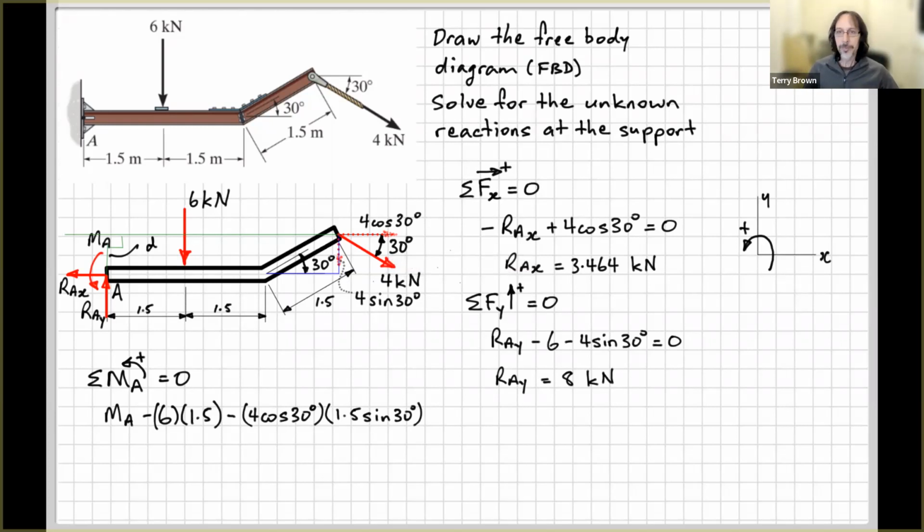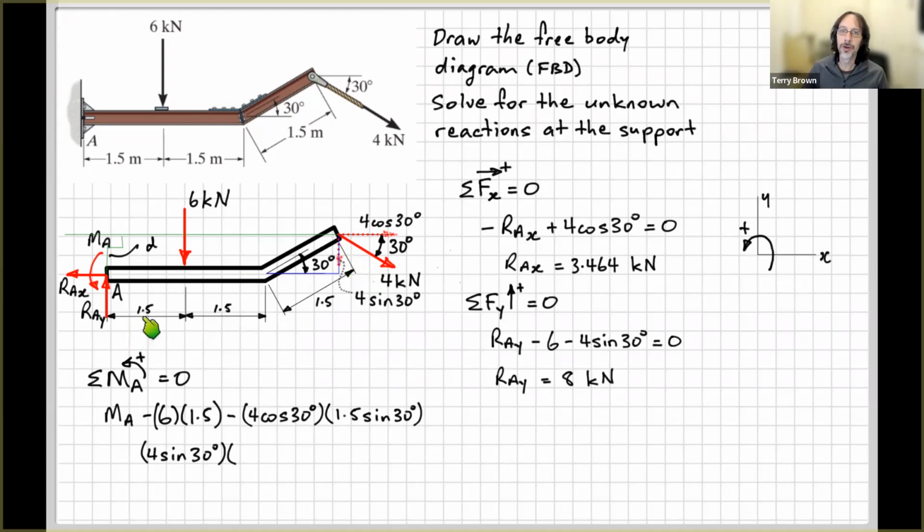All right. Is that it? No, not quite. We've got this vertical component here to deal with as well. Okay, so that also acts at some perpendicular distance from A. So if you put that in, 4 sine 30 is that force. What's its perpendicular distance?